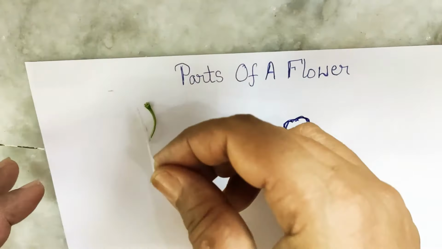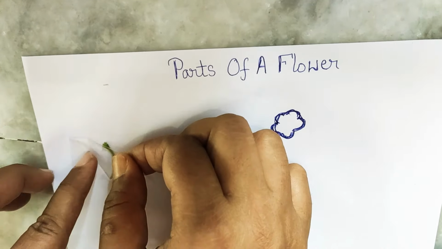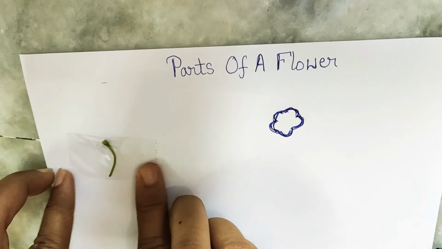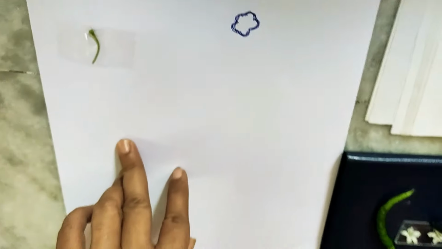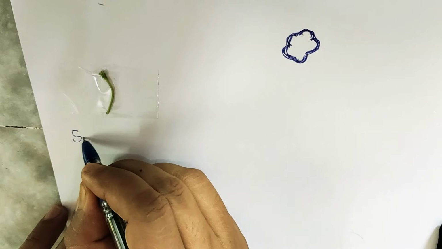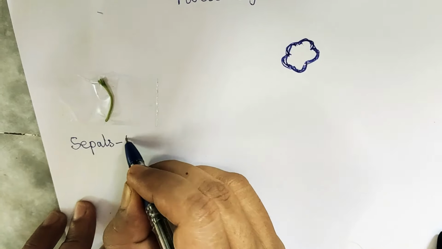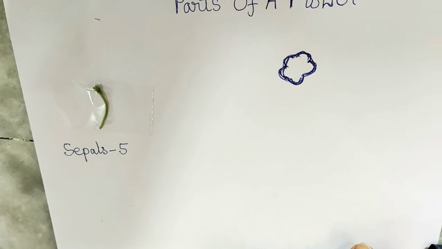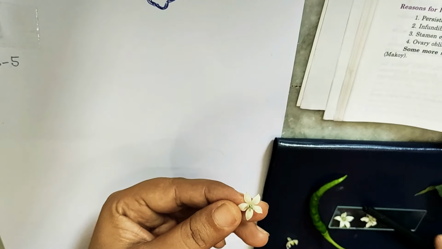And then you paste it over it like this, so that it does not come out. At the bottom you will be writing sepals 5. Okay, like this.